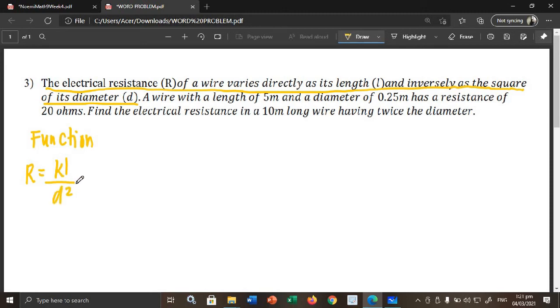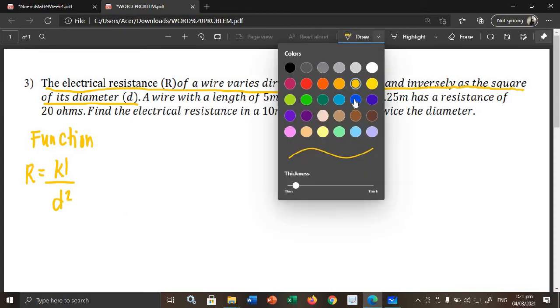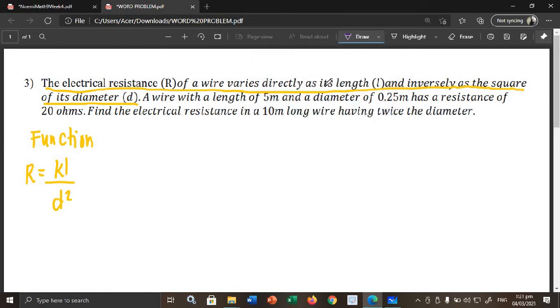If we convert this variation statement into a function, it will become like this. So R is equal to KL over D squared. Okay? And then right after we get that, we can now solve for our K, because no value of the constant of variation was given in the problem.